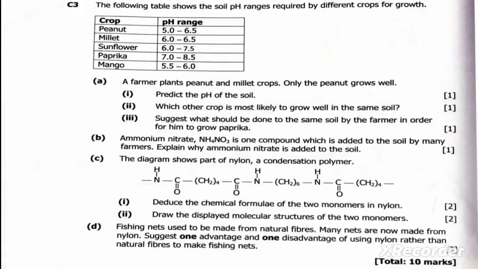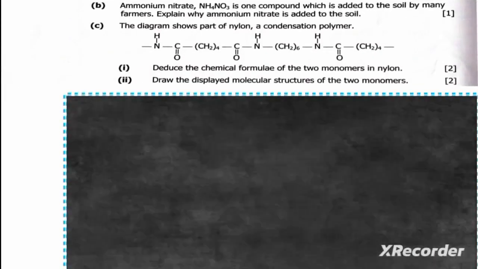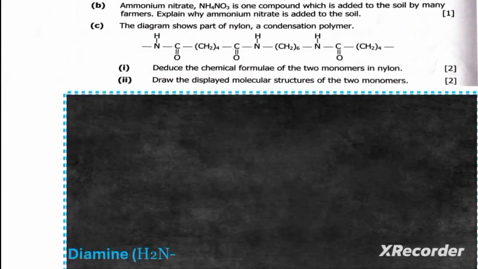We move to the next question, which is question C, Roman numeral 2. Draw the displayed molecular structures of the two monomers. Okay, so this is what we are going to do.